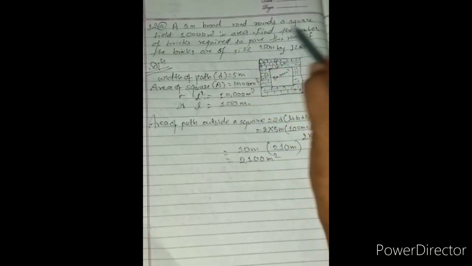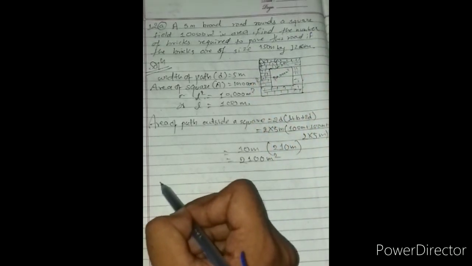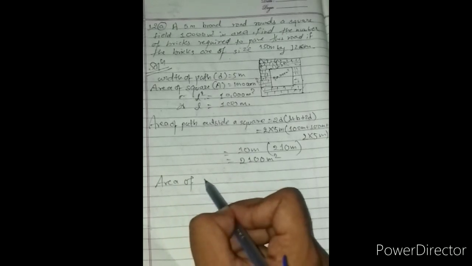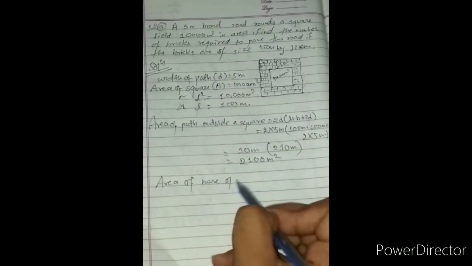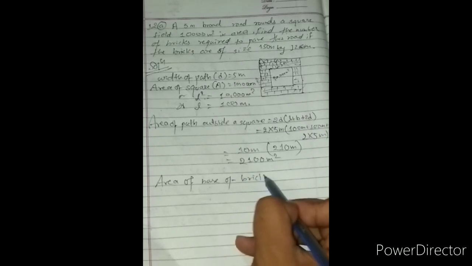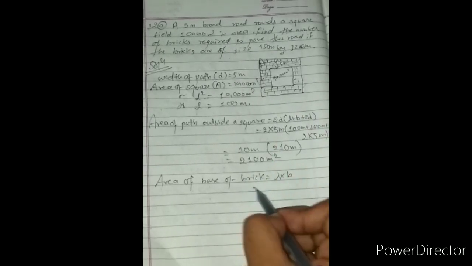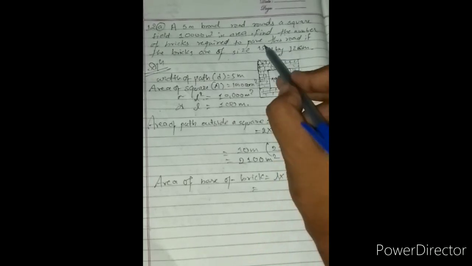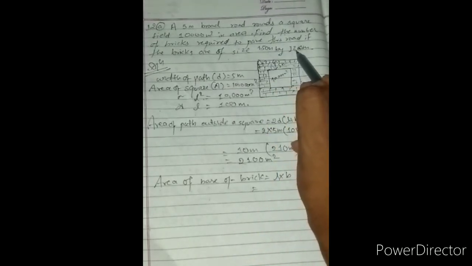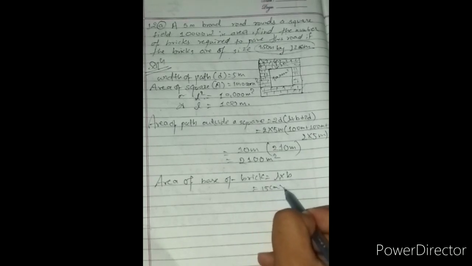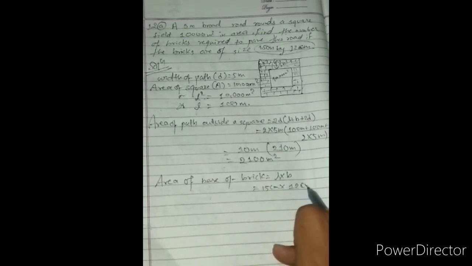But you have to find the number of bricks, so we have to find the area of brick also. Area of base of brick. What is the formula of area of brick? L into B, length into breadth. What is given? Here 15 centimeter and 12 centimeter. Length is 15 centimeter, breadth is 12 centimeter.